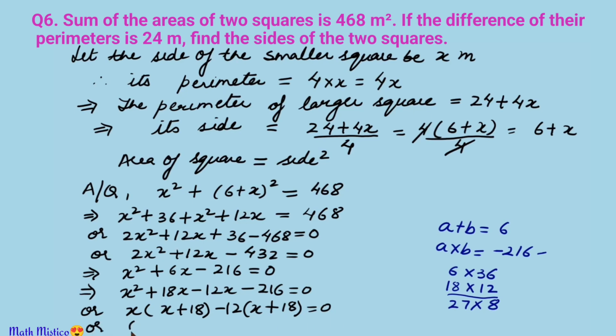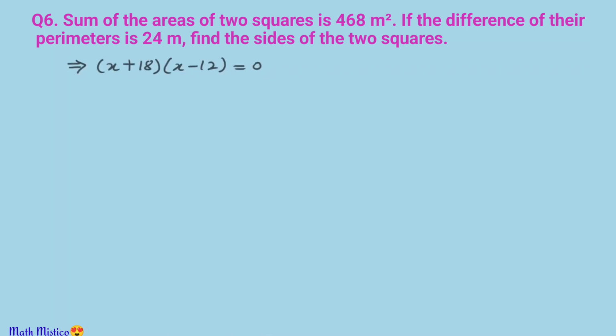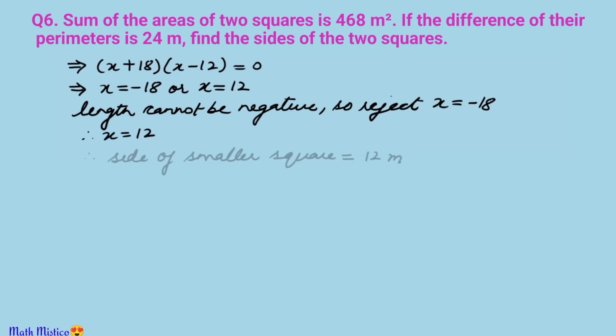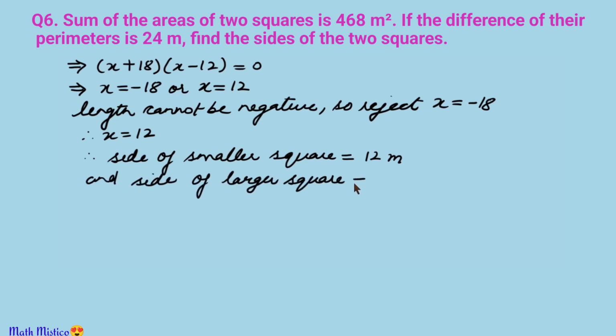This implies x plus 18 into x minus 12 equal to 0. This means x is equal to minus 18 or x equal to 12. Lengths cannot be negative, so we will reject x equal to minus 18. Therefore, the side of the smaller square is 12 meters and the side of the bigger square is 12 plus 6, that is 18 meters.